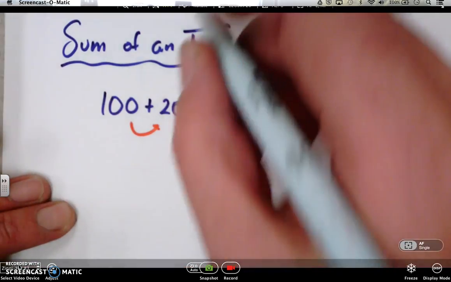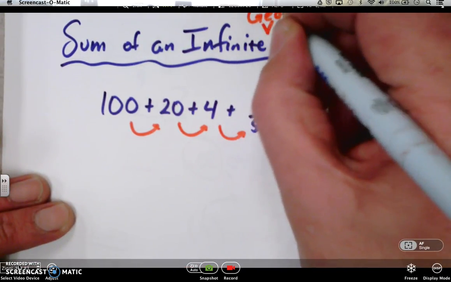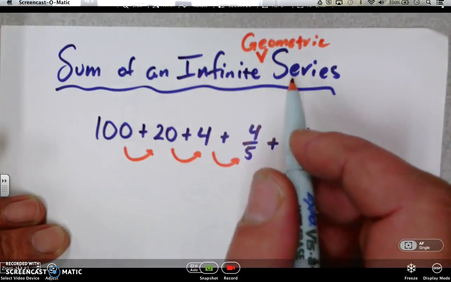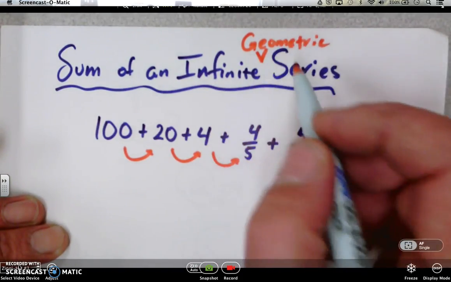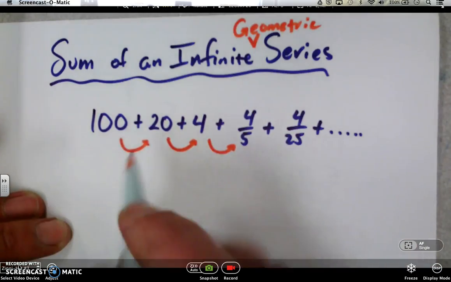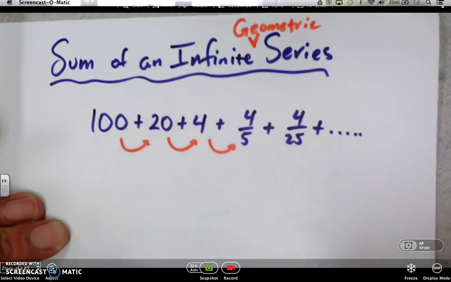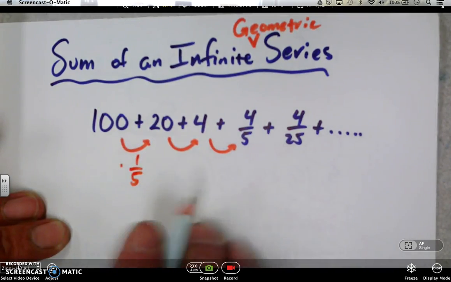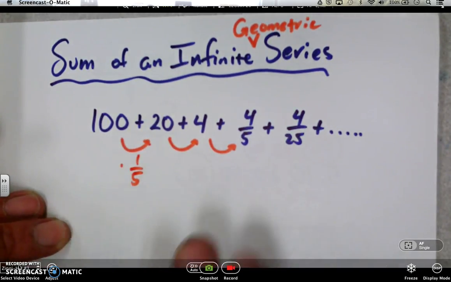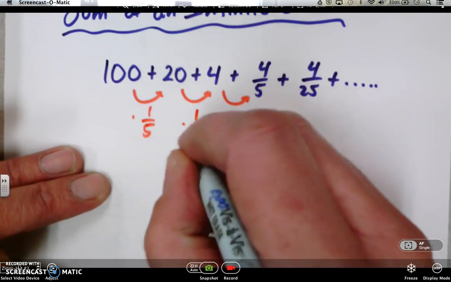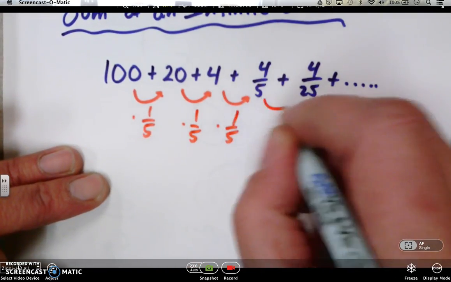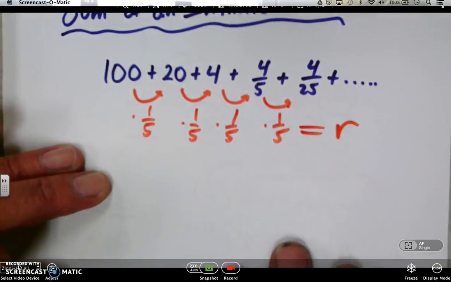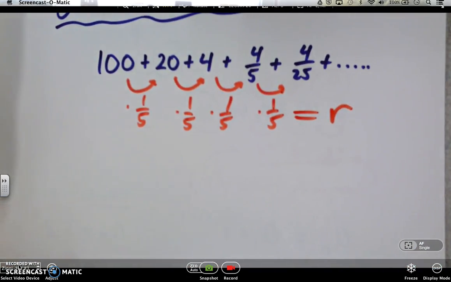And so, I should add the word geometric here to be proper. A geometric series is infinite. Geometric means has a multiplier. In this case, it's not multiplying, it's dividing. Well, could we think of that as multiplying by 1/5? Because dividing by 5 is the same as multiplying by 1/5. Then it's times 1/5, times 1/5, and then times 1/5. So that is our multiplier.